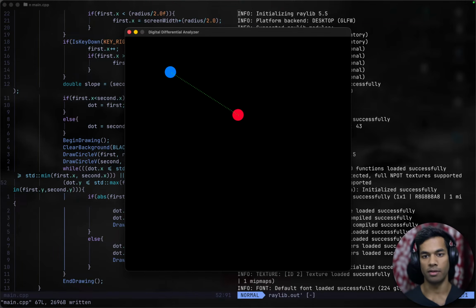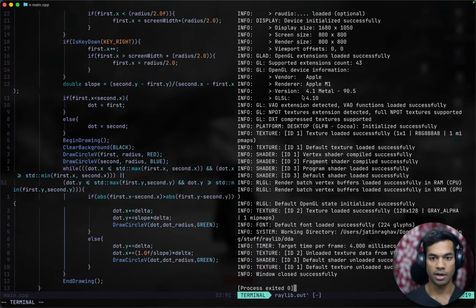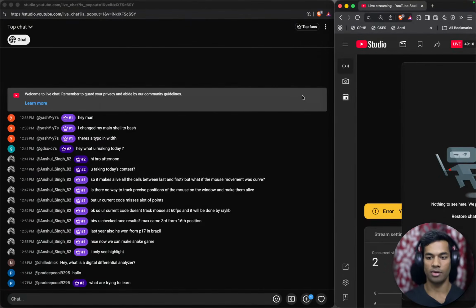Okay, and this is still not working in this range somehow. But yeah, everything else is pretty cool. I do not want to use arrow keys. Let's change them to WASD gamer keys. That would be nice.